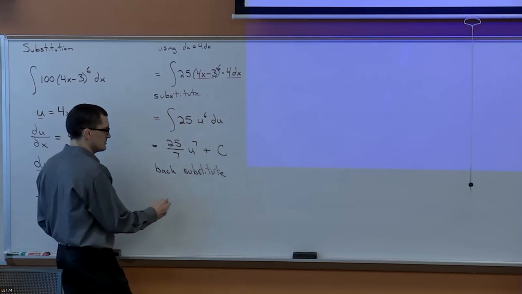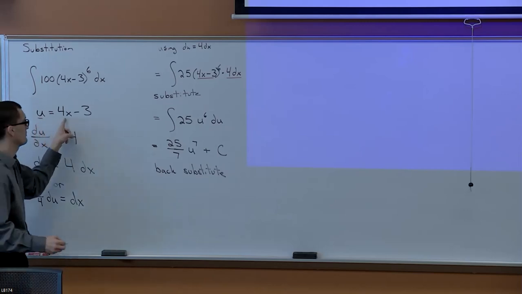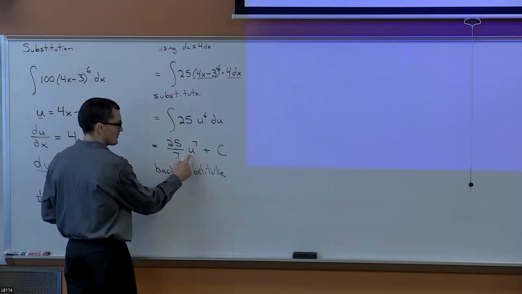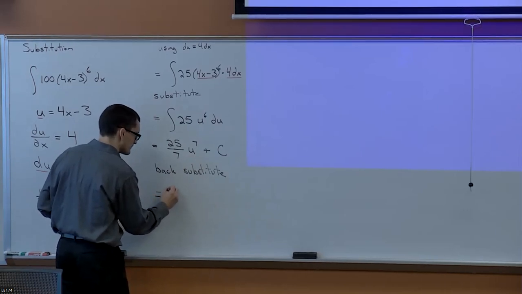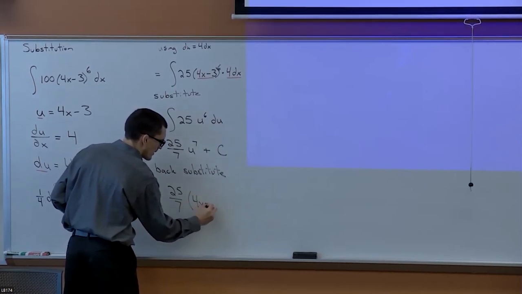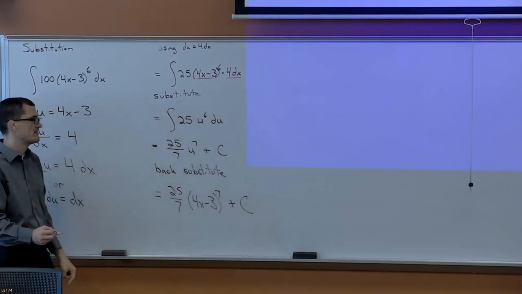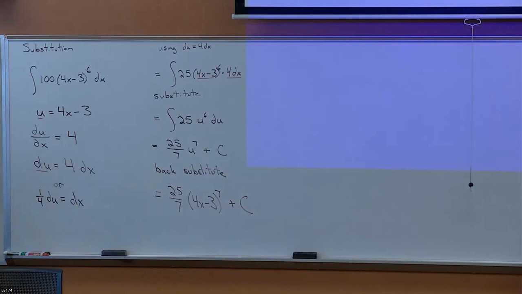And when I back substitute, the only substitution I have is a u substitution. So I just have to put the 4x minus 3 in for the u. And that's my final answer. Okay with that?